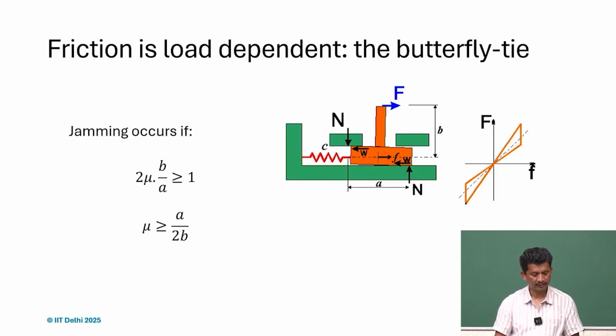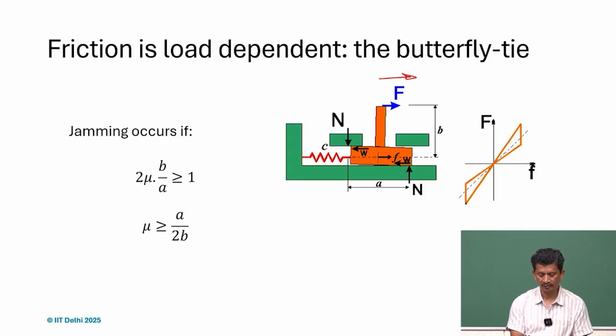What happens if we apply force F but it doesn't move? Doesn't move means there is no deflection, and this F is balanced by 2W, which is 2 mu n, right?